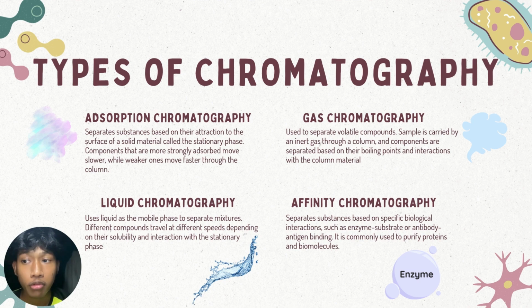Third is liquid chromatography, where the liquid carries the sample and the compounds separate based on their solubility and interaction with the stationary phase. Lastly is affinity chromatography, which separates substances through specific biological interaction and is commonly used to purify protein.